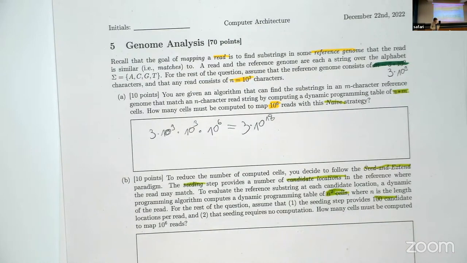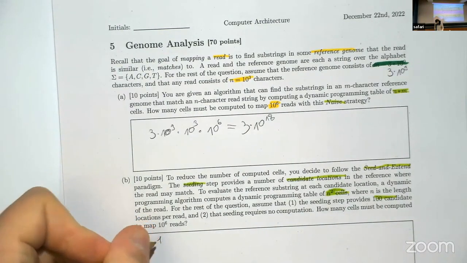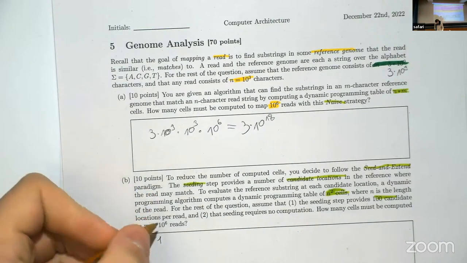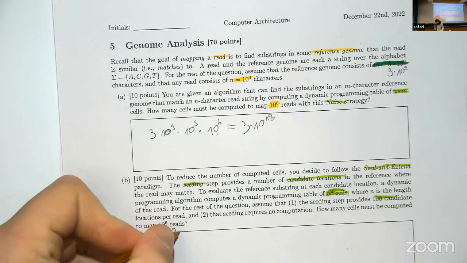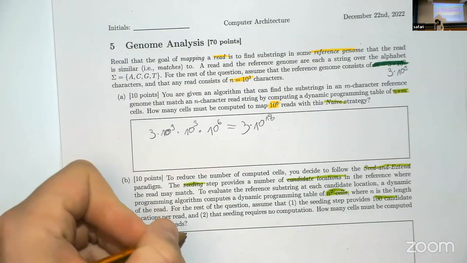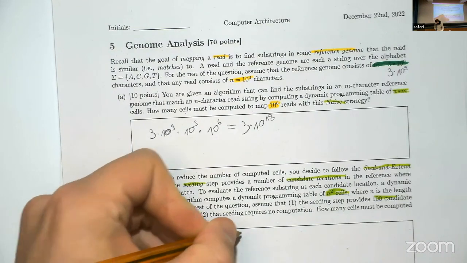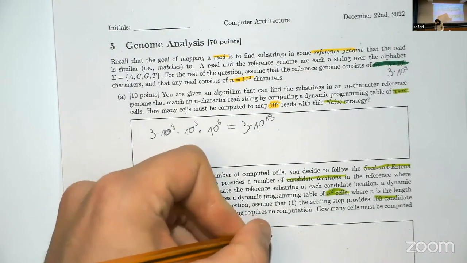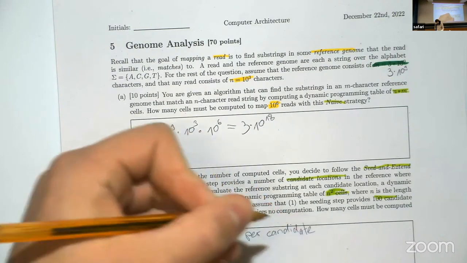N is still the read length. So to evaluate a single location, do 10 to the 3 squared, 10 to the 6 cells per candidate.